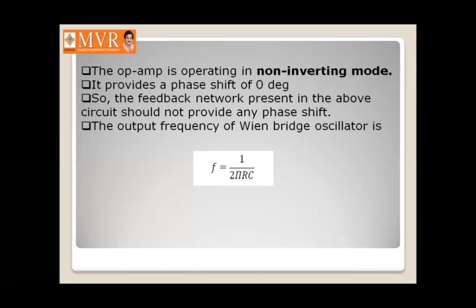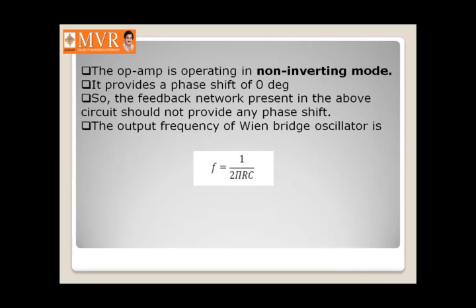So in the next slide, you are going to observe how our op amp is going to generate a sinusoidal wave using the Wien bridge circuit, what are the drawbacks involved in that, and what are the different parameters of that circuit.